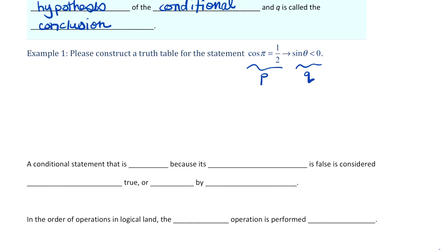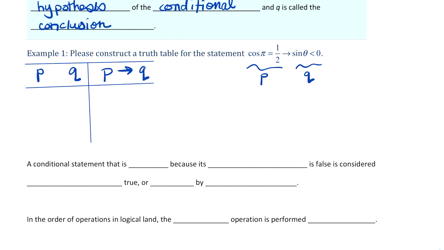So let's look at the truth table and check it on out. So P, Q, P implies Q. And hopefully you did the last section so you feel comfortable with these tables.